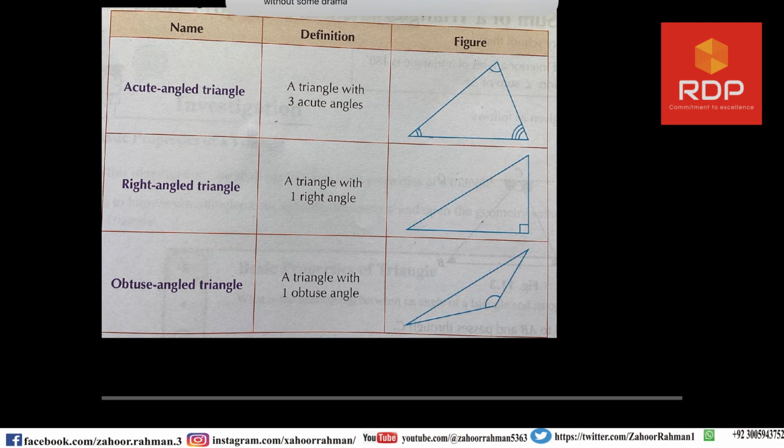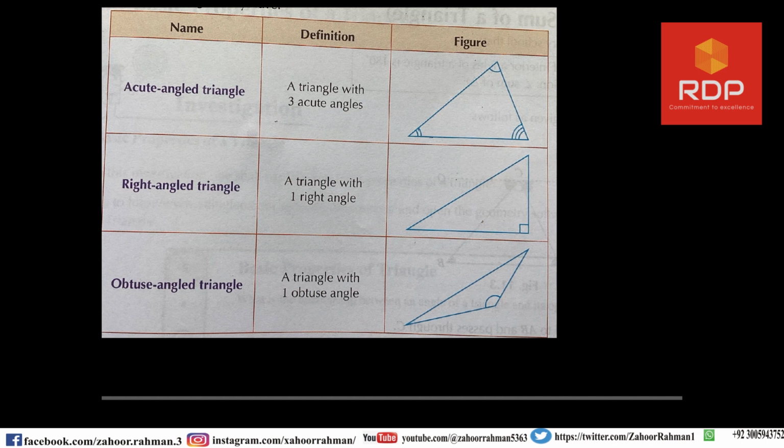The third one is the obtuse angle triangle. A triangle with one obtuse angle, remember, not all, but only one obtuse angle. And you know what an obtuse angle is? For your memory refreshment, let me explain that obtuse angles are those angles which are greater than 90 and less than 180 degrees.